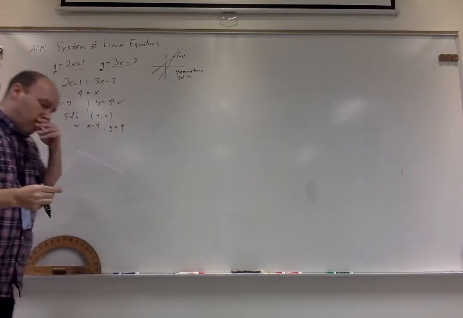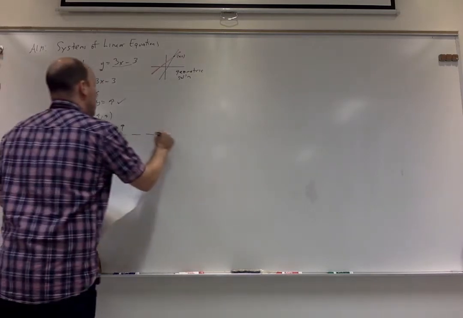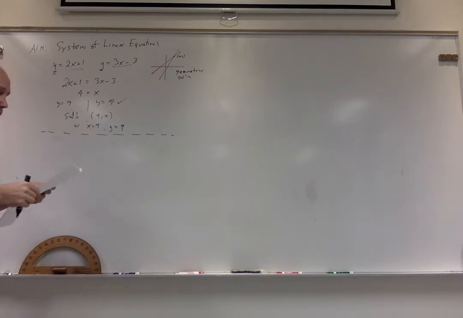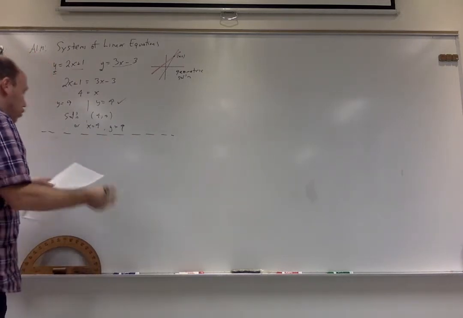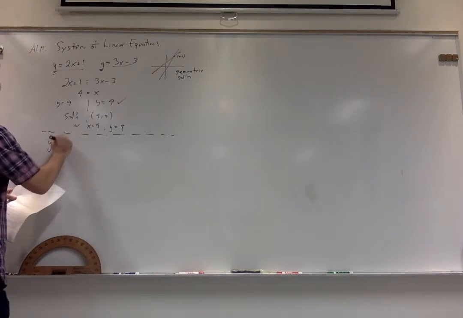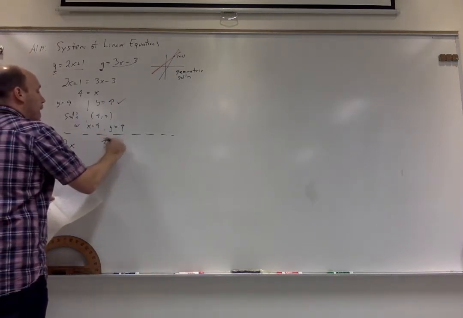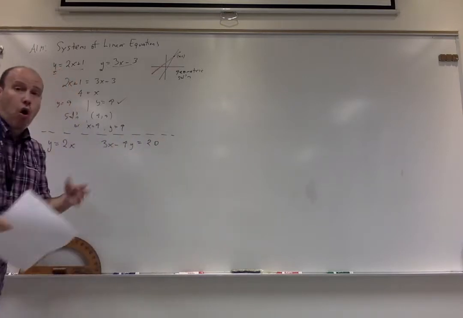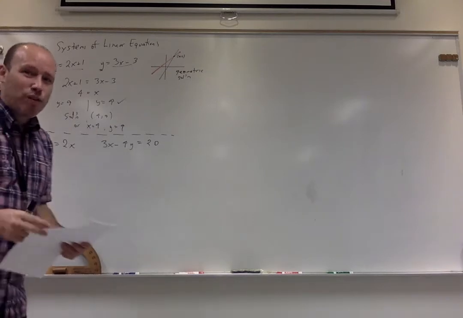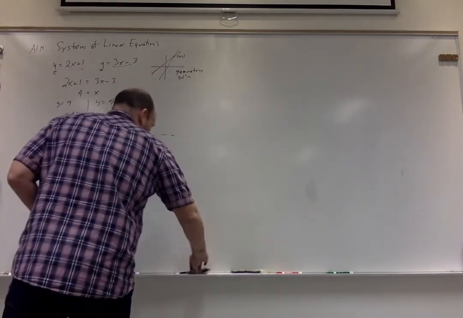Now, this idea of substitution was helpful. For example, we saw y equals 2x, and we were also given the equation 3x minus 4y equals 20. Our technique for substitution was we hoped that one of the variables was solved for, like x or y.